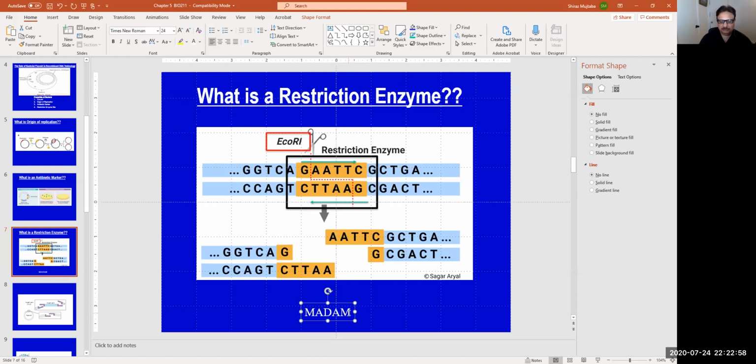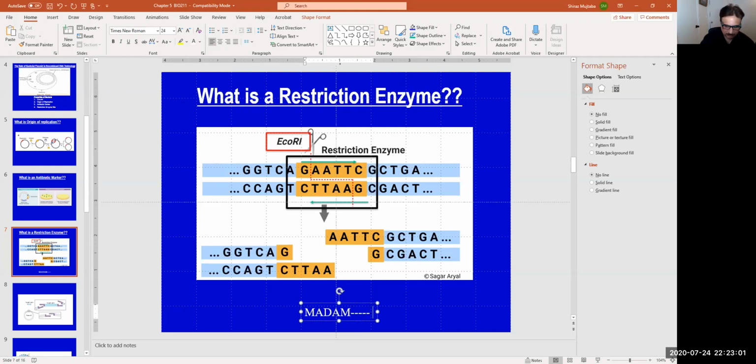Such words are called palindromes, and in terms of DNA, it is called a palindromic sequence. So these restriction sites are palindromic sequences. They read symmetrically from both ends. And these restriction enzymes can cut the DNA at a very specific site.